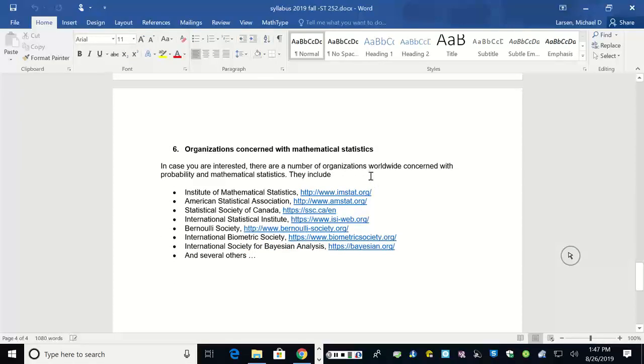There's a number of institutions, organizations, associations, and so on, that are worldwide, American, Canadian, and worldwide, that focus on mathematical statistics and its use in a variety of areas. The Institute of Mathematical Statistics is among the most mathematical of them. American Statistical Association is very broad.